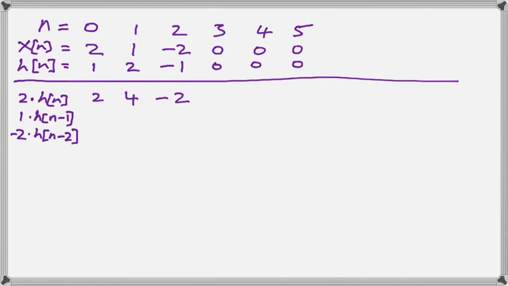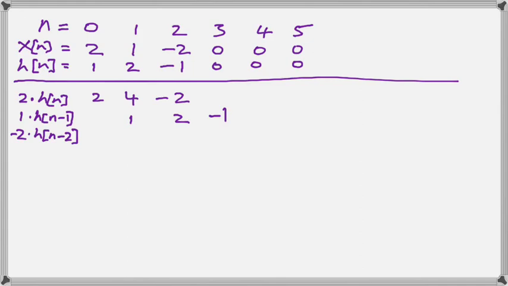Well, as you can see, we've taken the h[n] values, we've multiplied them by 2, and we've written them down lining up with 0. In the next row, we have written down the h[n] values, moved one place to the right so that they're starting at 1. N equals 1. So that's the meaning of the n-1 sign. We are right shifting for the h results.